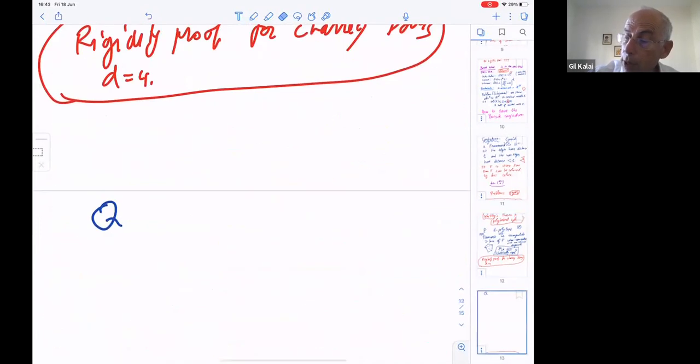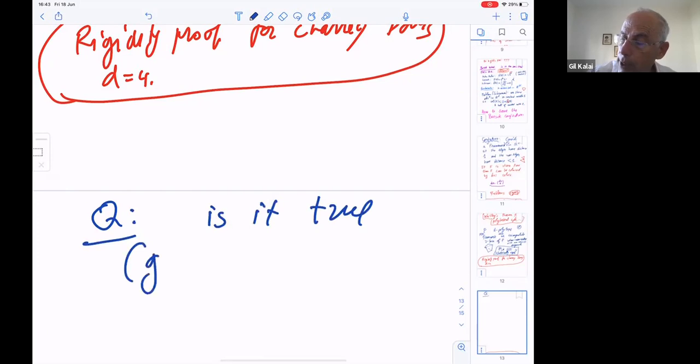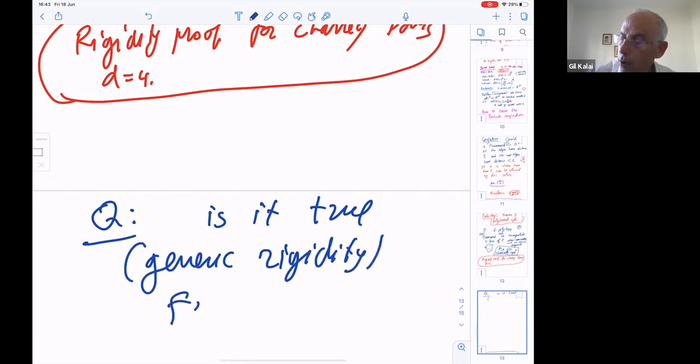And the big question that I want to emphasize, though I mentioned it, is: is it true? Is generic rigidity true for a spherical, for polyhedral spheres?